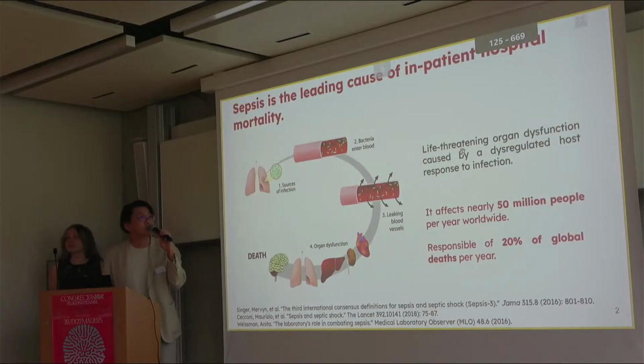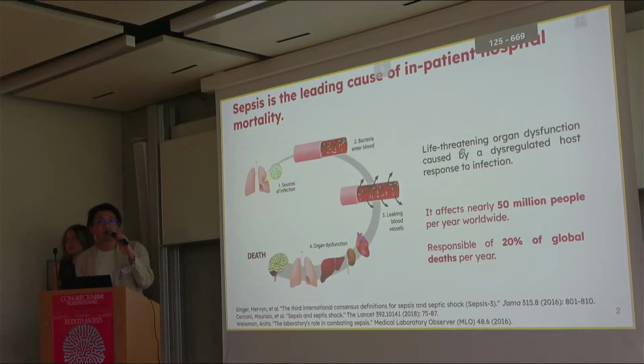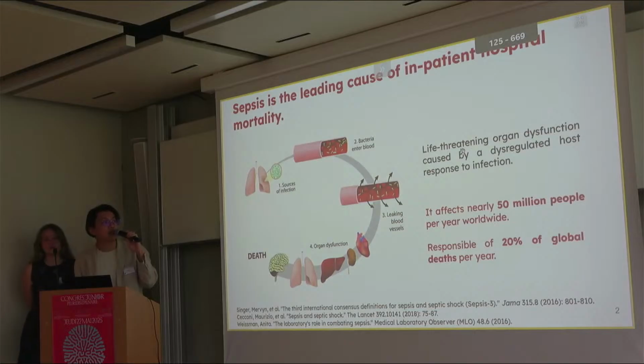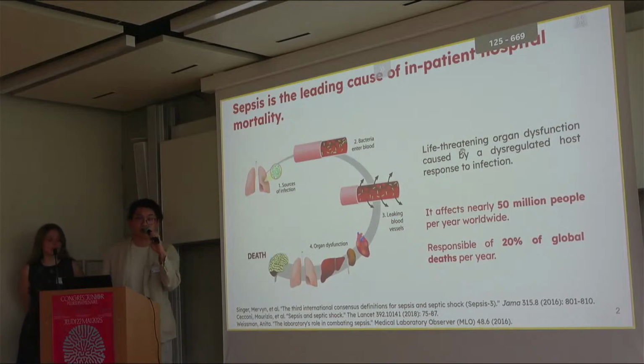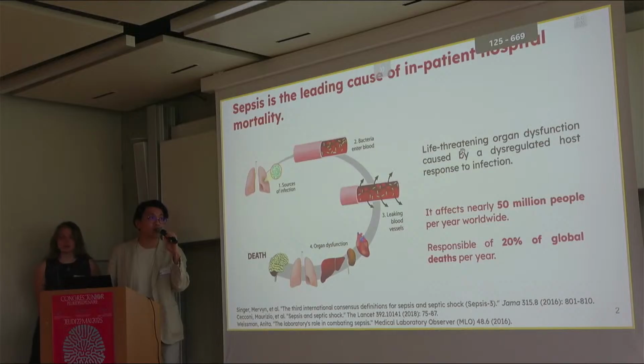So what is sepsis? According to the consensus definition, sepsis is a life-threatening organ dysfunction caused by a dysregulated host response to infection. And the body's reaction will cause damage to its own tissues and organs, which may lead to shock, multi-organ failure, and even death if not recognized early and treated promptly.